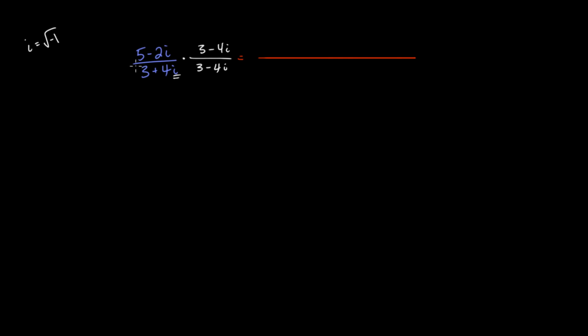Okay, so let's do this multiplication. 5 times 3, that's 15. 5 times negative 4i, that's negative 20i. Negative 2i times 3, that's negative 6i. And then negative 2i times negative 4i, that's positive 8i squared. Okay, so that's the product in the numerator.